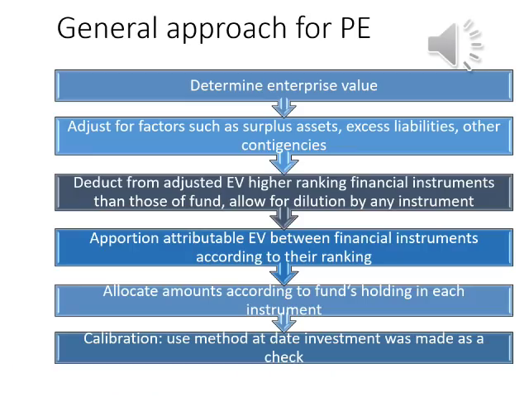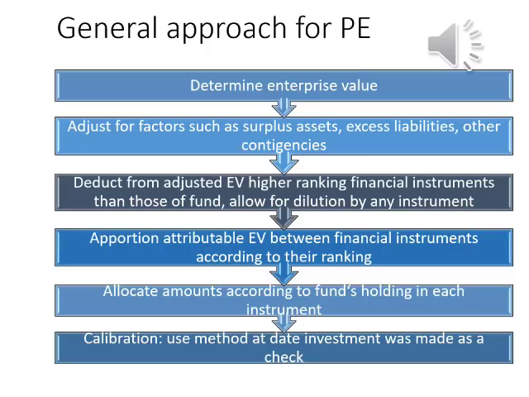In the case of a private equity valuation, what are the main steps in doing a valuation? Well, IPEV recommends starting with determining enterprise value, then make adjustments for factors such as surplus assets, excess liabilities or other off-balance sheet type contingencies.